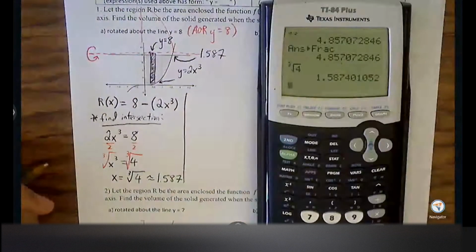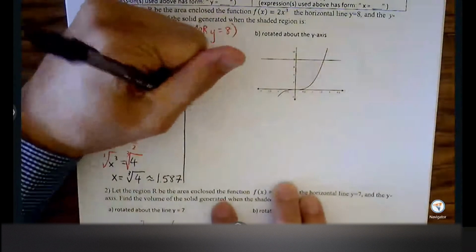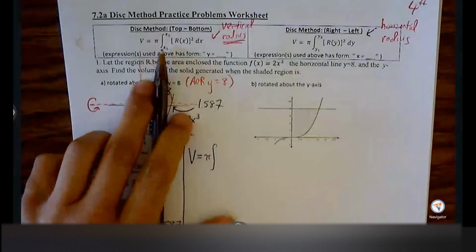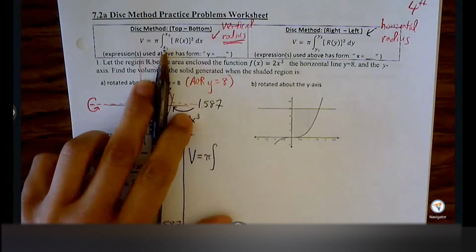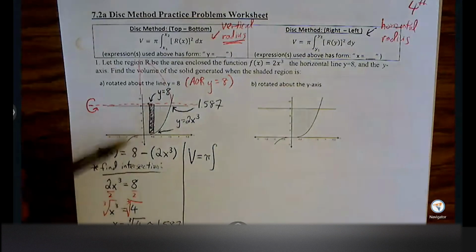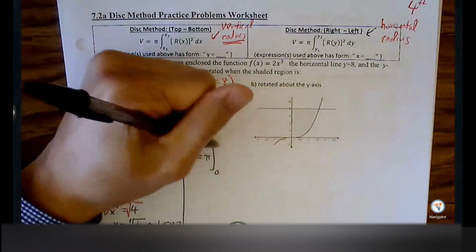Okay. All right, I think we have everything we need to create our volume equation. So let's do that. V equals pi integral. We're just going to follow the formula piece by piece here. So x1 and x2, we want to look for left to right. We said 0 to 1.587.